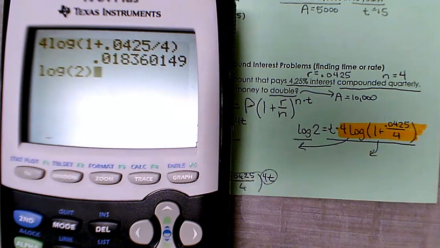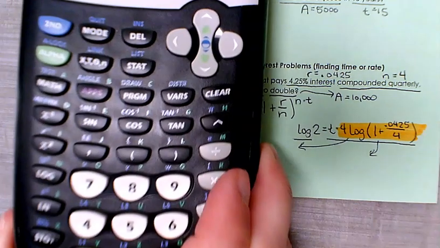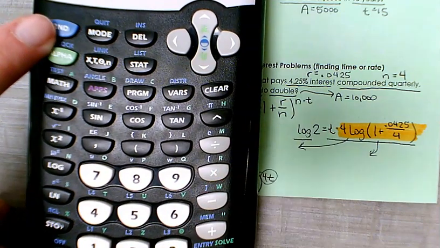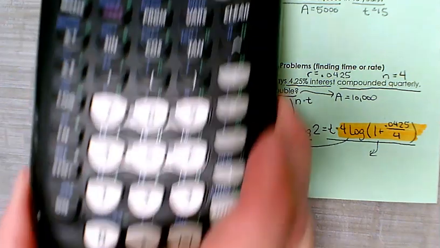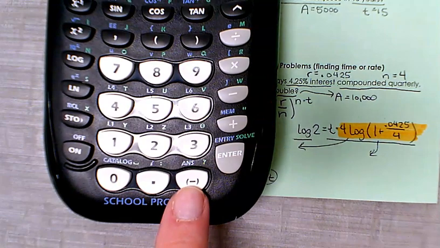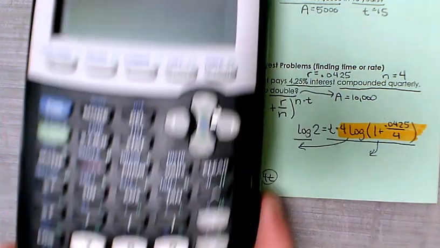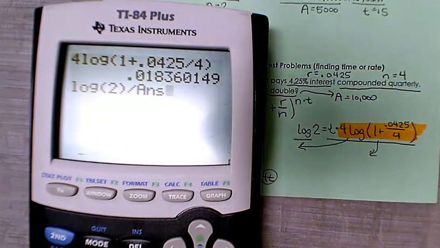I do need to close my parentheses though, because when I type in the log button, it automatically opens them. And then I'm going to divide by the answer. So remember, to get the answer from the previous problem, you hit second, and then you hit the negative sign. You've got log of 2 divided by that crazy decimal that we got right here.